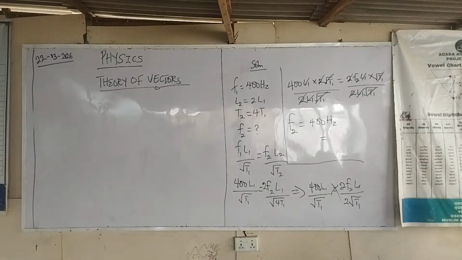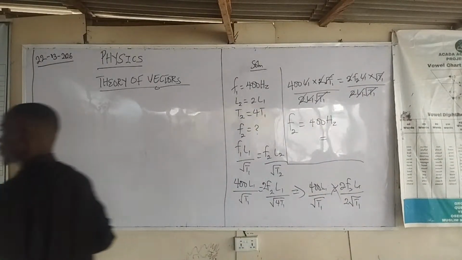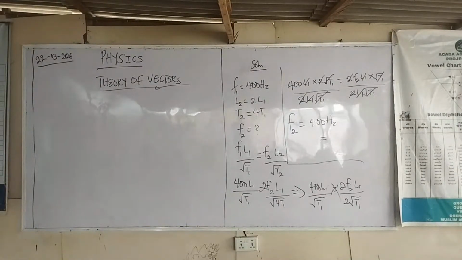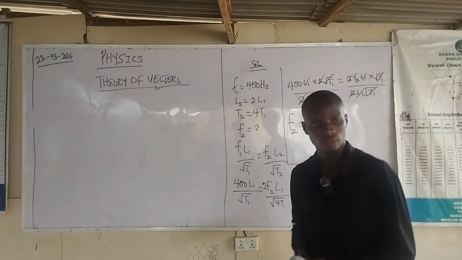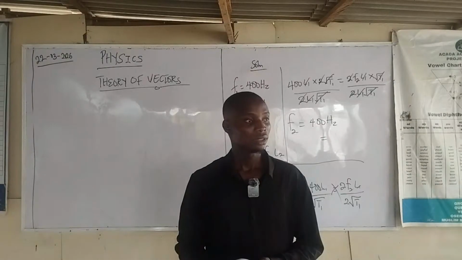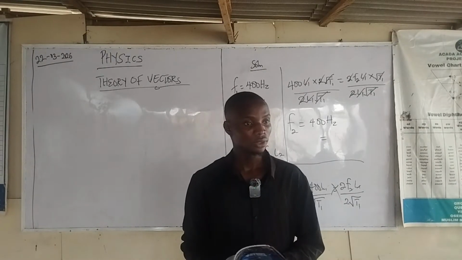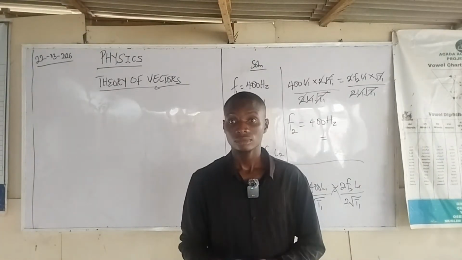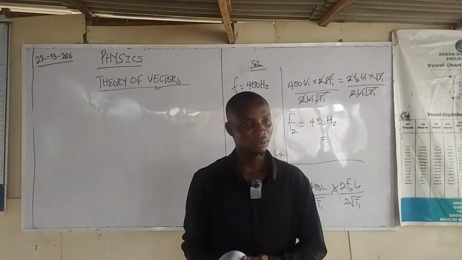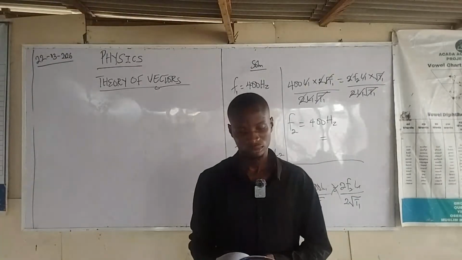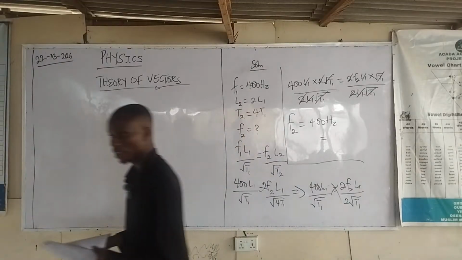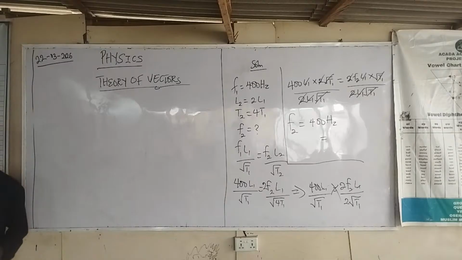So what is a scalar quantity? Alright, a scalar quantity is a quantity with only magnitude but no direction. Another name for magnitude is size.